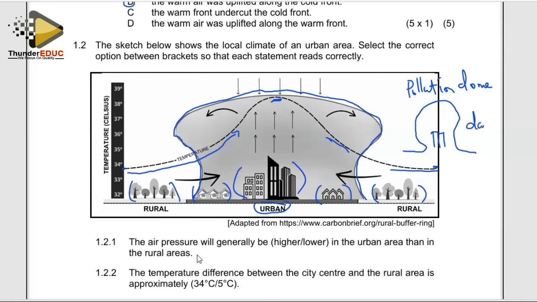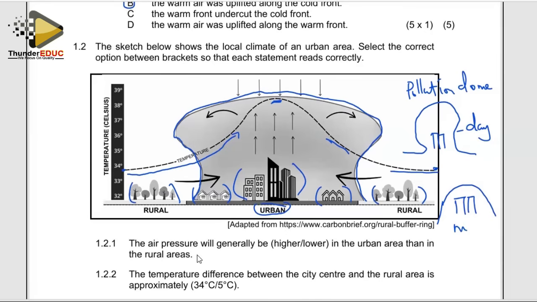This is a day situation of a pollution dome. If you see a pollution dome with this shape here, it shows that this is a day situation, and I'll explain. And then if you see a shape of a pollution dome which is like this, our buildings are there. This is a night pollution dome.